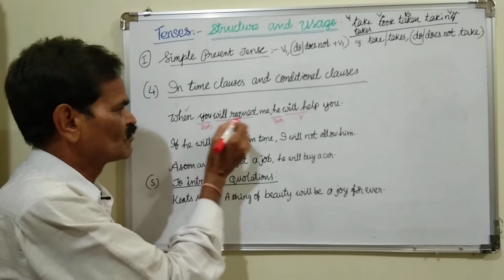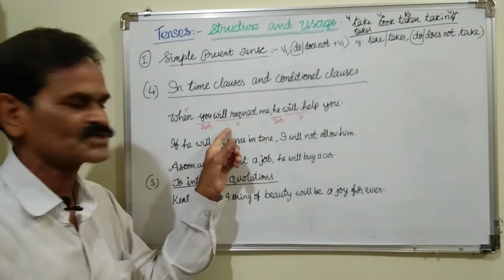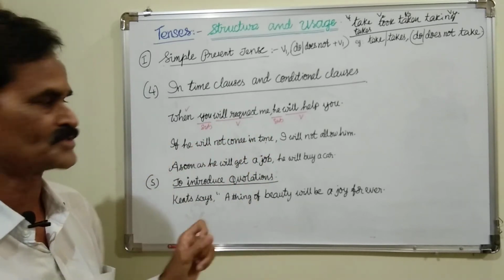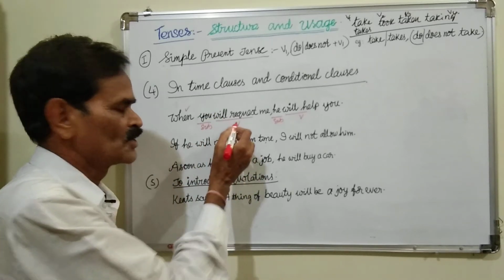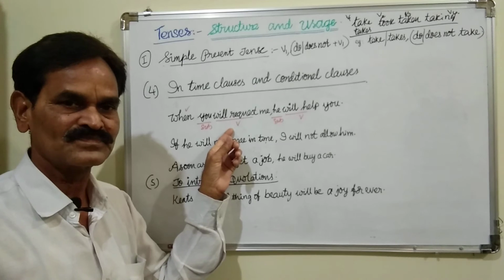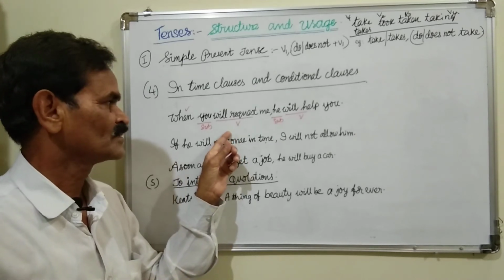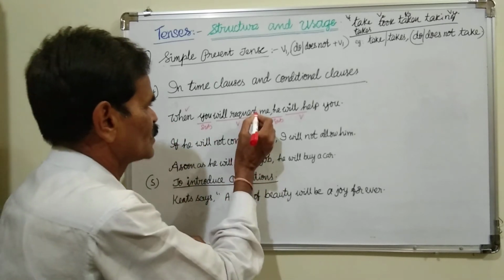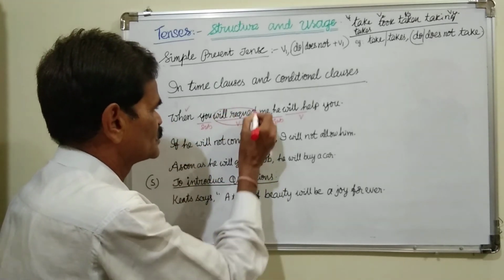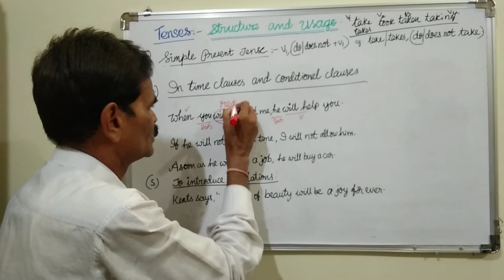Whatever clause comes immediately after that is called a time clause. In this time clause, even though this action is going to happen in the future, it is a time clause, so we must use simple present tense only.